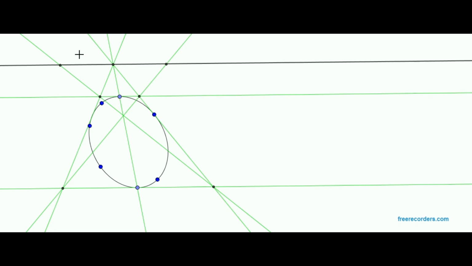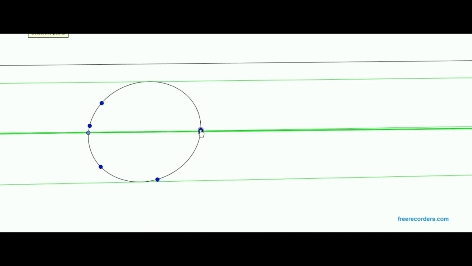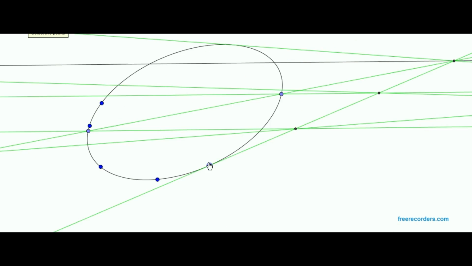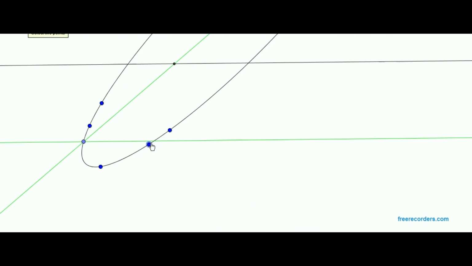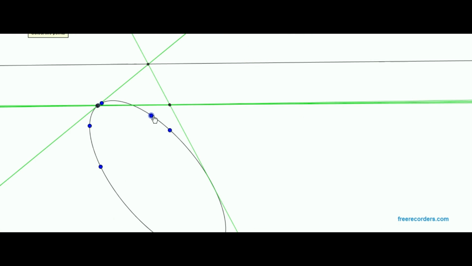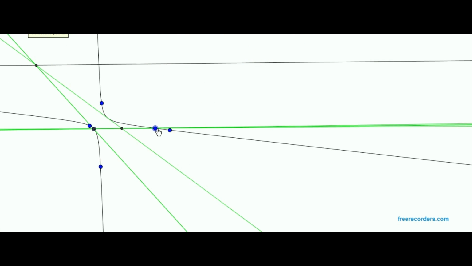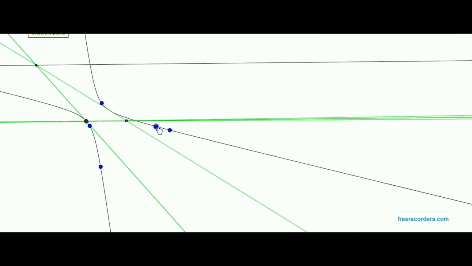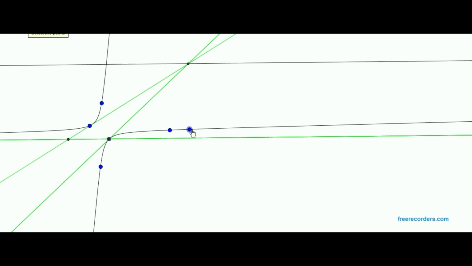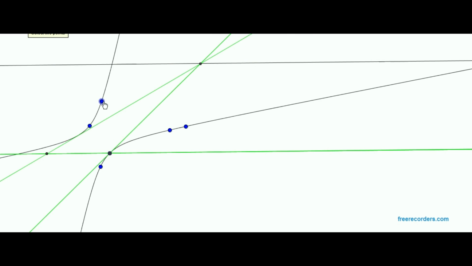Now what else we can do is take a look at some other shapes like a hyperbola.